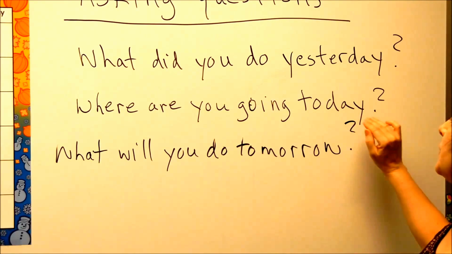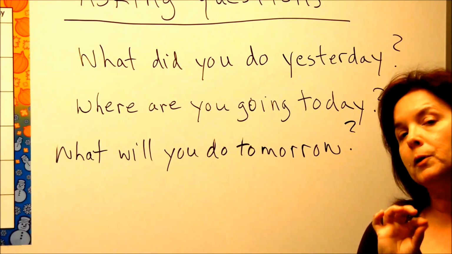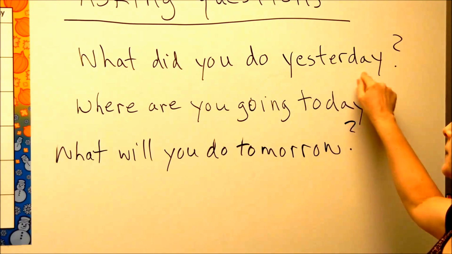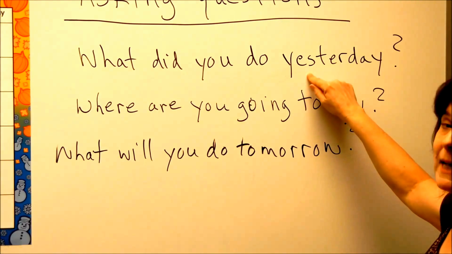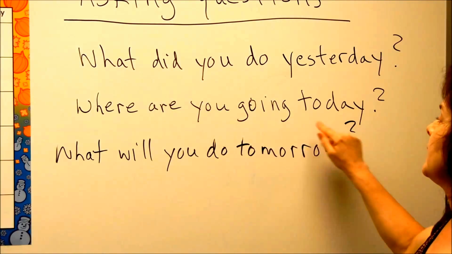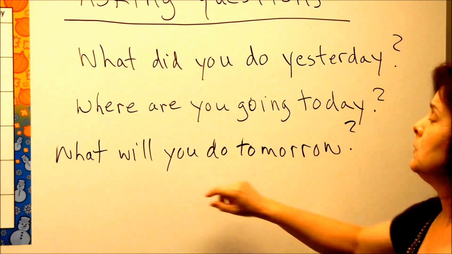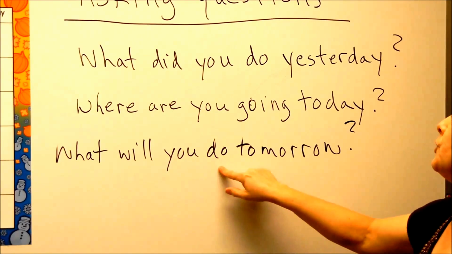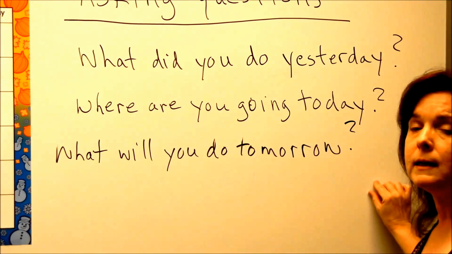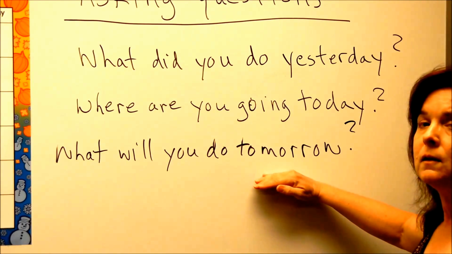Where are you going today? What will you do tomorrow? Again, remember you put your sentence in the same tense that you are using the word. Yesterday is about past tense, so you use past tense on your verb. The same way present tense for today and future tense will you. What will you do tomorrow? Future tense for that. Okay, so remember to always match up your tense with the word you are using.